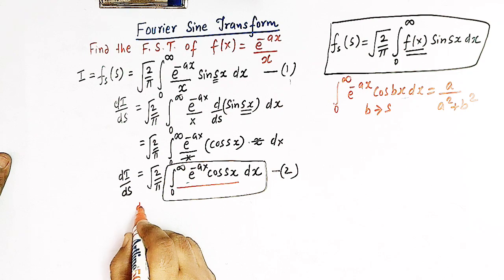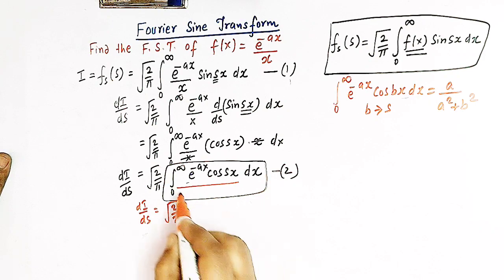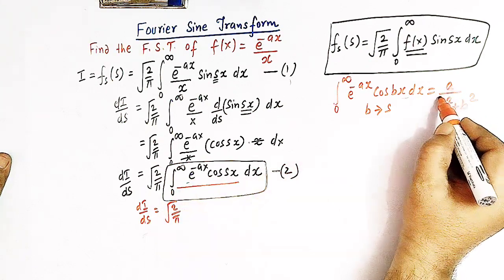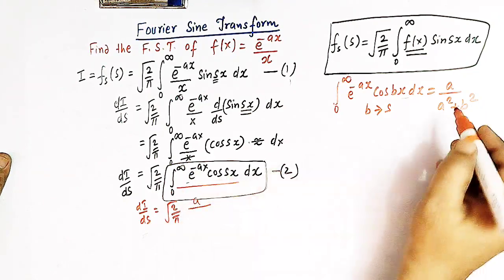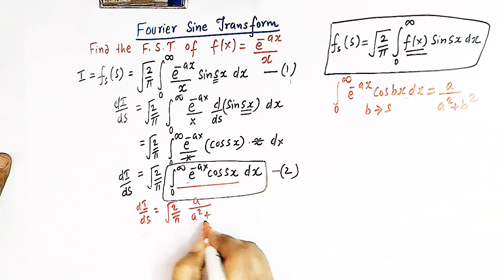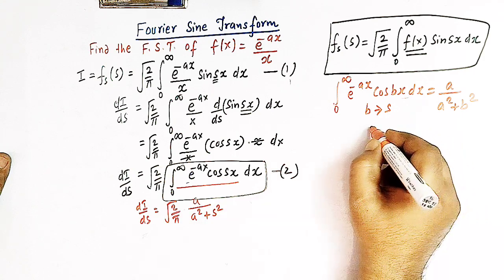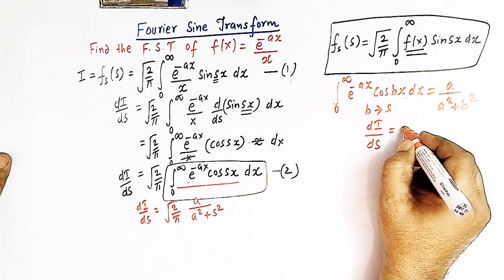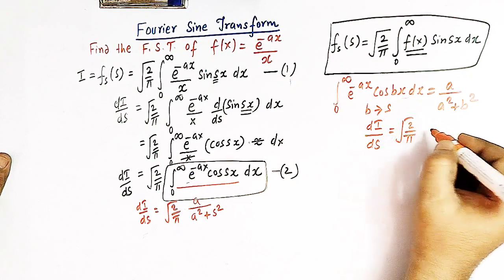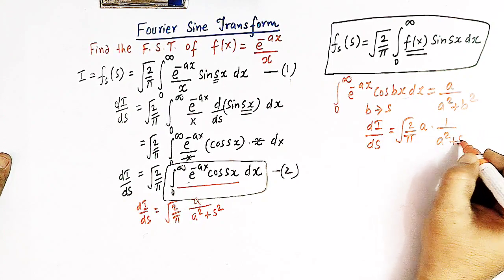So now we have dI over ds is equal to square root of 2 over pi times a over a square plus b square, where a is a, and b is replaced by s, so we have s square. So now we have a differential equation: dI over ds is equal to square root of 2 over pi times a over a square plus s square.